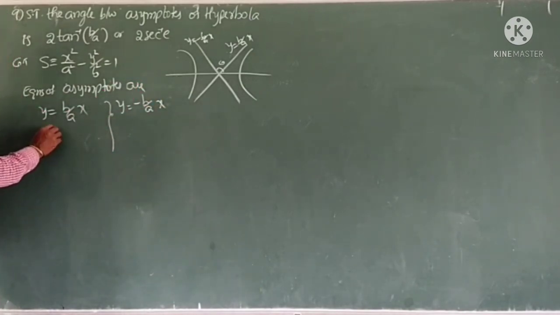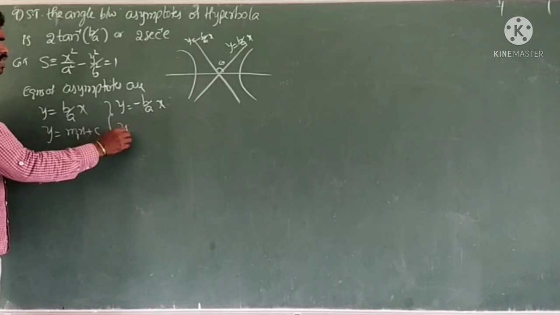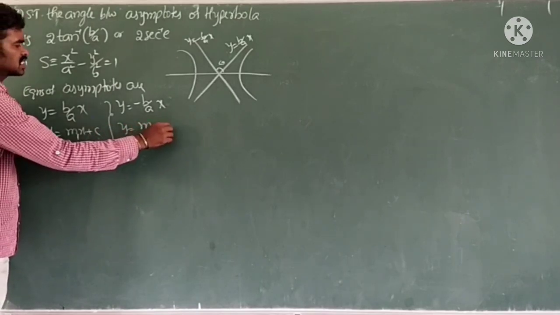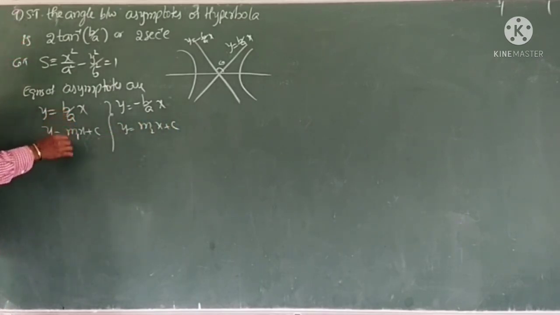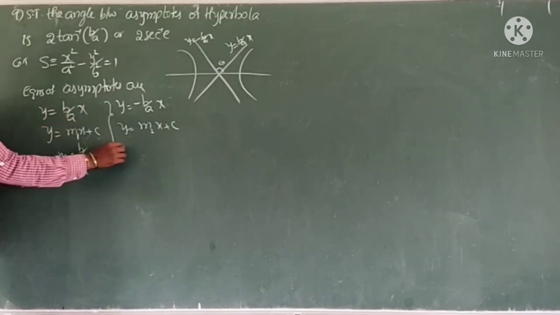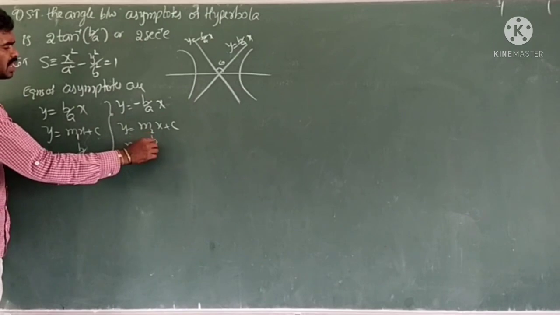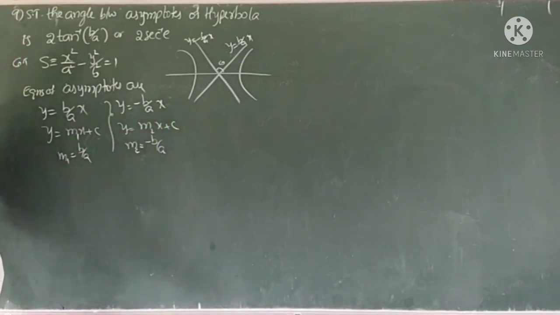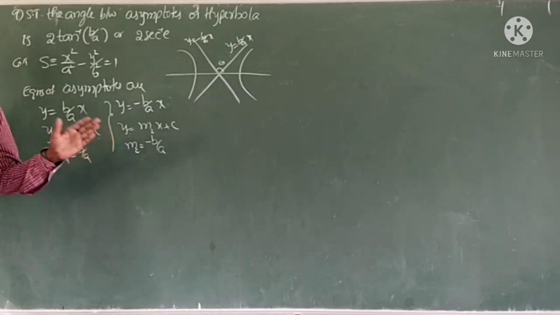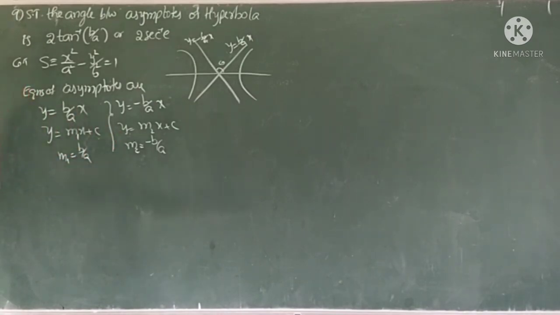Comparing with a line equation y equal to m1 x plus c, and second one comparing with y equal to m2 x plus c. So in the first one m1 is b by a, and from the second equation m2 is minus b by a. And whenever we know the slopes of two lines, we can find the angle by using the tan theta formula, that is m1 minus m2 by 1 plus m1 m2.